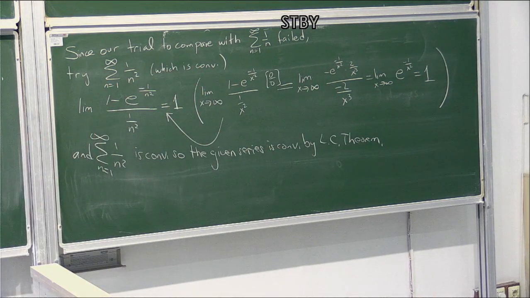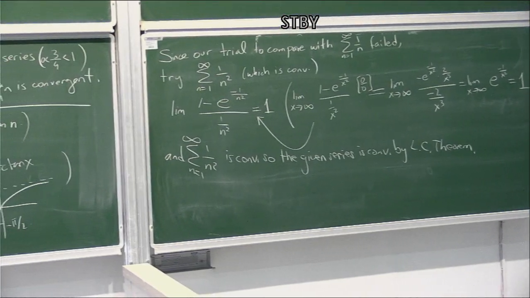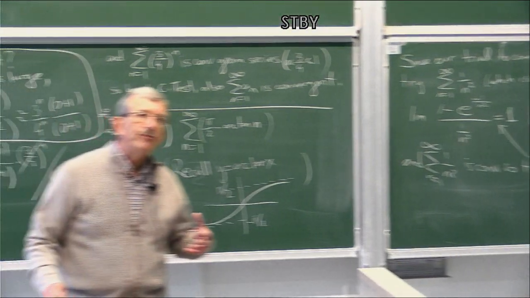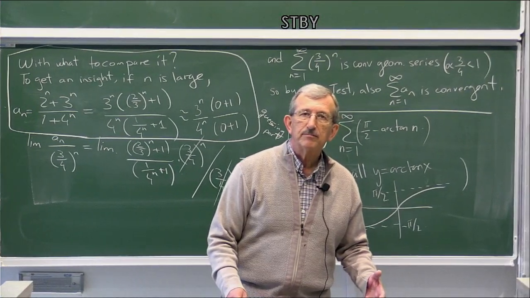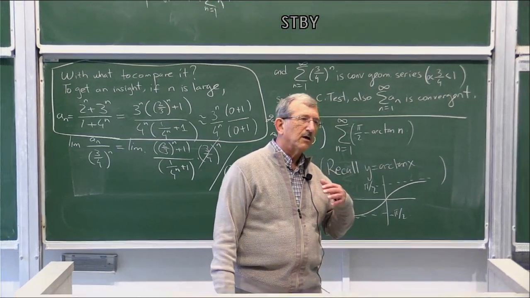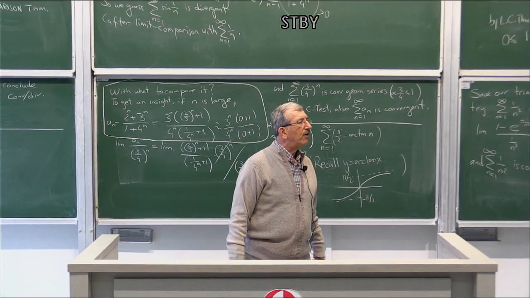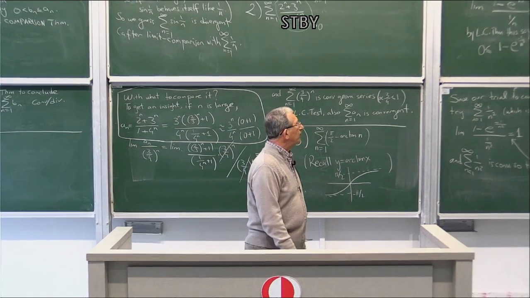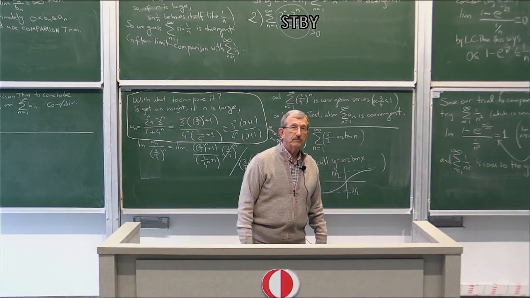So to find the correct thing to compare with is not always, okay, obvious. In that case, we can try a few things. Sometimes we reach the right one immediately, sometimes not. Okay, later when we discuss the Taylor series, etc., a little bit later in this course, we will see how to make a good guess directly.